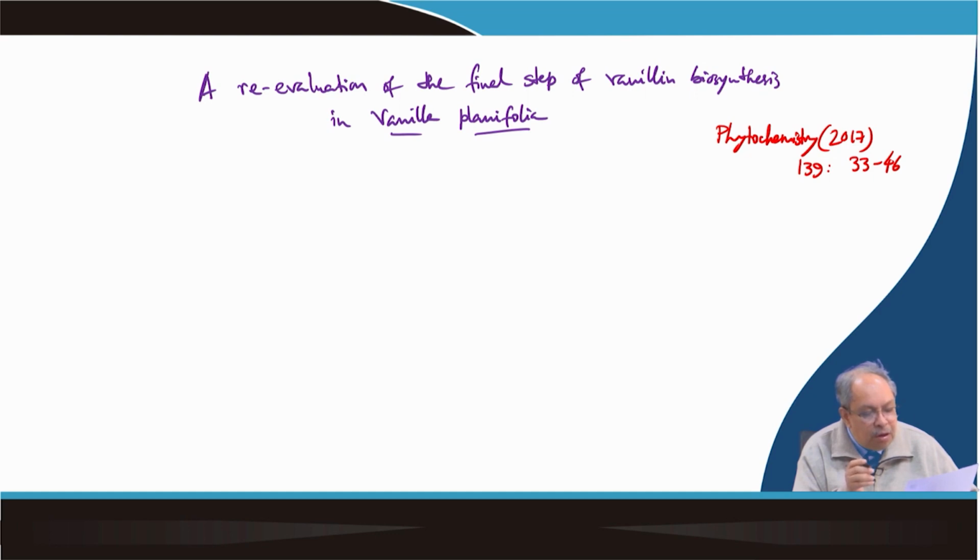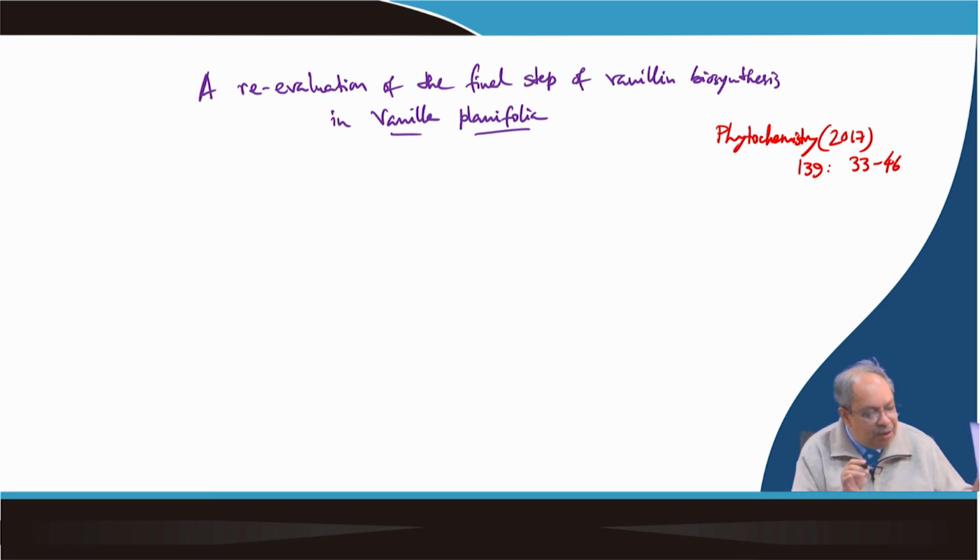Now, this current Phytochemistry paper reasons that if it is a cysteine protease, it really cannot work with ferulic acid as the substrate. It is only able to convert para-coumaric acid to para-hydroxybenzaldehyde, not ferulic acid. So, in other words, if it is a cysteine protease-like protein, it cannot convert ferulic acid to vanillin.